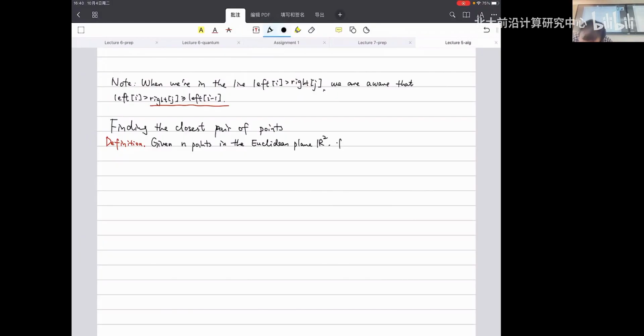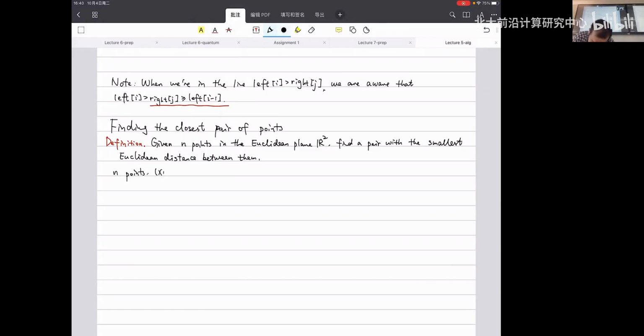We want to find a pair with the smallest Euclidean distance between them. Specifically, we can say the endpoints.